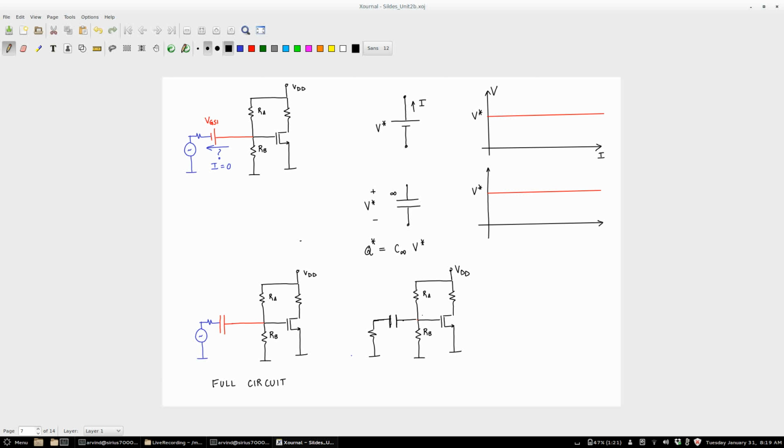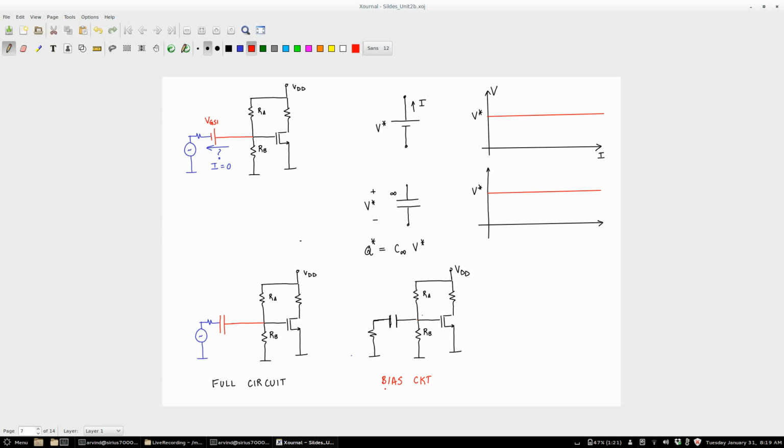How will the bias circuit look? In the bias circuit, you have the capacitor, right? So what will happen here? And this is VD. And the question which Ankit asked was, how do you get this capacitor charged?